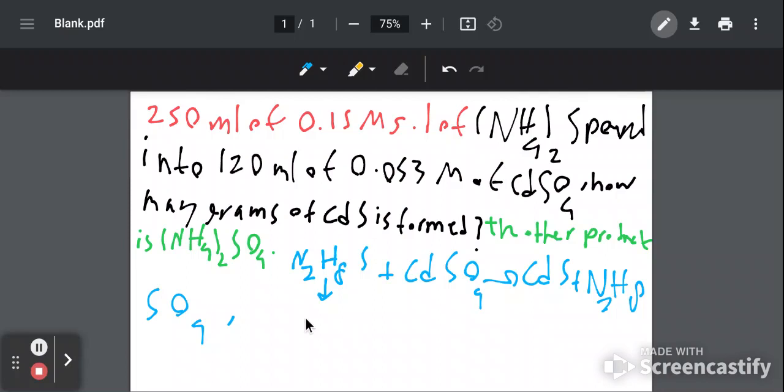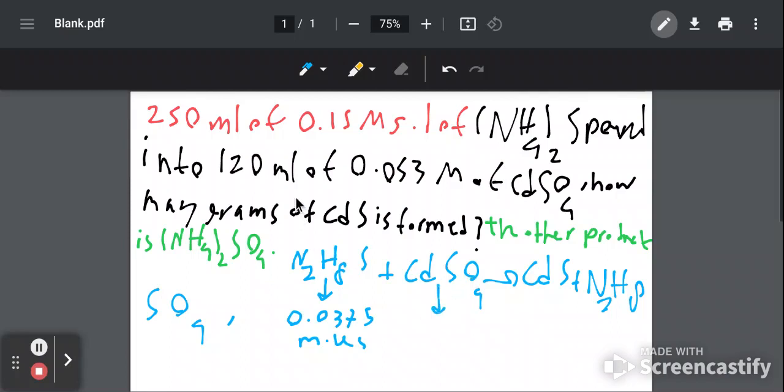So the number of moles of this solution is 0.0375 moles.